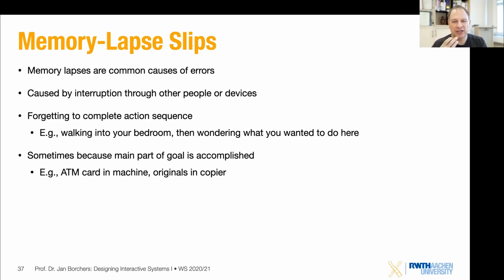That's a built-in interlock, a sequencing thing to counter this memory lapse slip that happens very frequently. Or maybe you've photocopied something and left the original in the copier because you happily walked off with the photocopy, totally normal, because the goal of the whole thing was to get the copy. That's another example of a memory lapse slip where you're not completing the action.